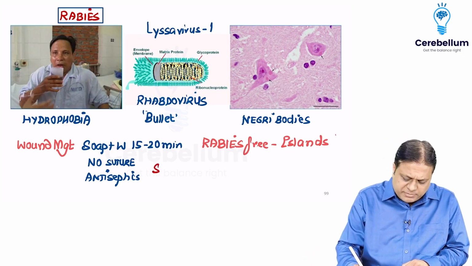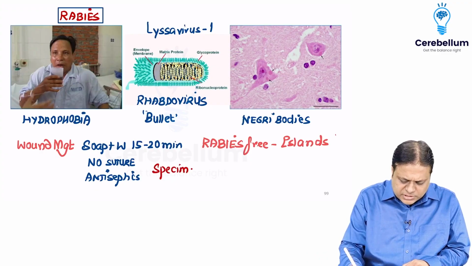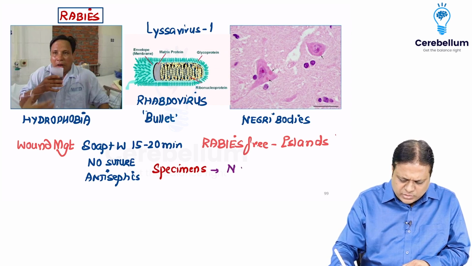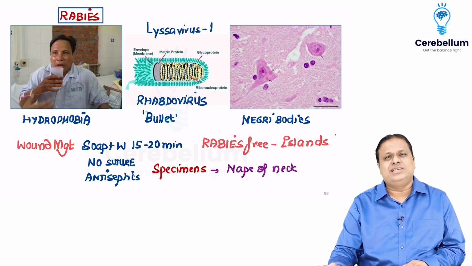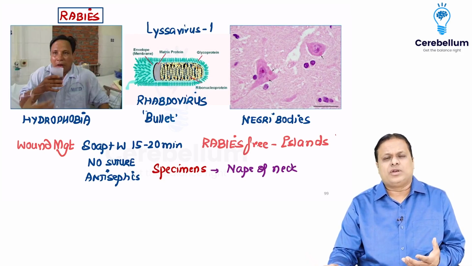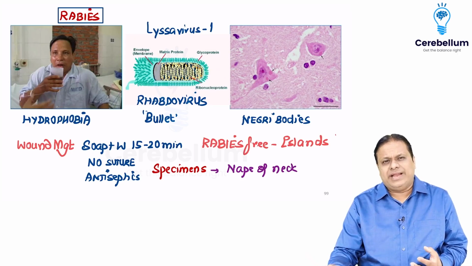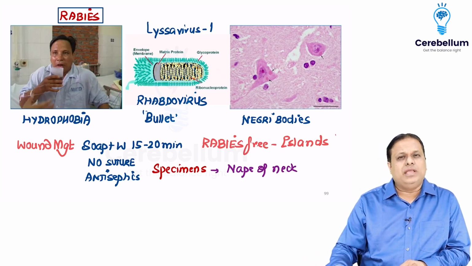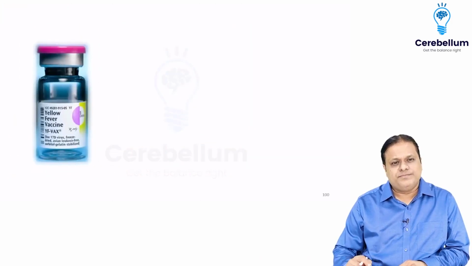When we look at specimens for diagnosis of rabies, we have biopsy of skin follicles on nape of neck, posterior margin of neck, as the ideal specimen in a living person. If not possible, then corneal smears could be taken. Dead persons or dogs, we take hippocampal brain biopsy for diagnosis.